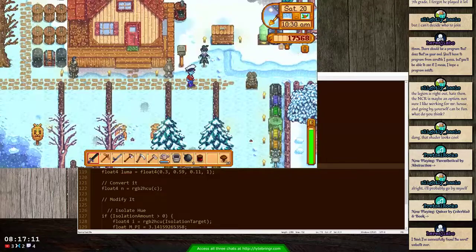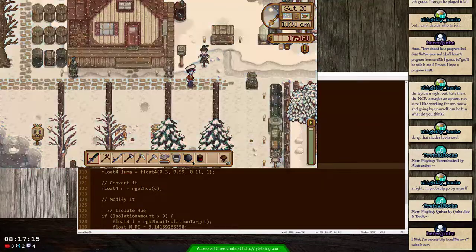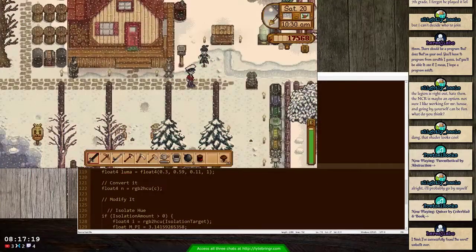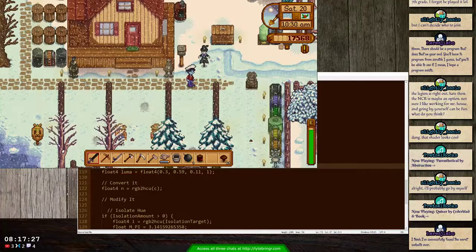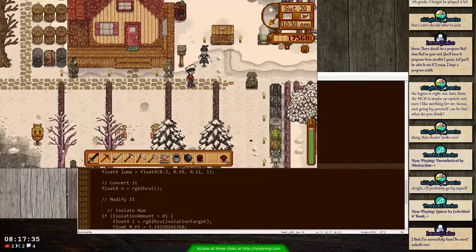Okay, so normal, filtered. Normal, filtered. Let's try isolation gamma of a negative number. And then increase the threshold. Yeah, that green goes from green to nothing real quick.